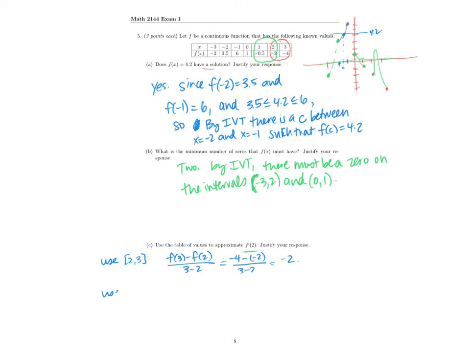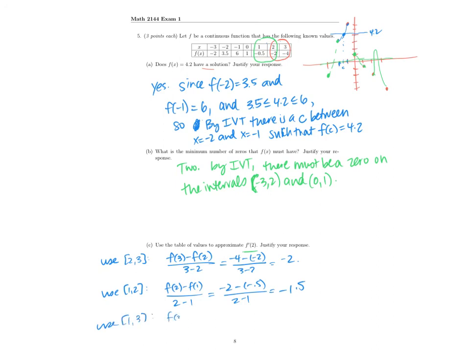If I use the interval 1 to 2, that's f of 2 minus f of 1 over 2 minus 1, and so that gives me -2 minus -0.5 over 2 minus 1. So I get -1.5.